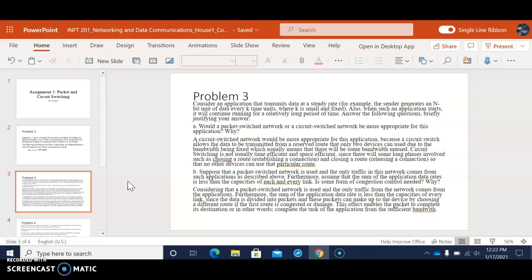Okay, and let me explain more. The bandwidth is also fixed. What do I mean? The fixed bandwidth depends on the amount of data that you're using.